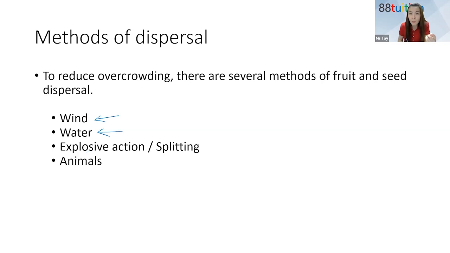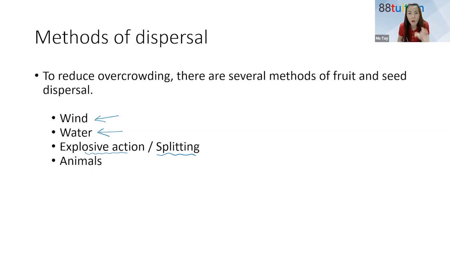Now, there is the third one. It's extremely interesting. You'll be watching videos later to see how these seeds are being dispersed. There's another method. We call it explosive action or splitting. Just remember either explosive action or splitting.